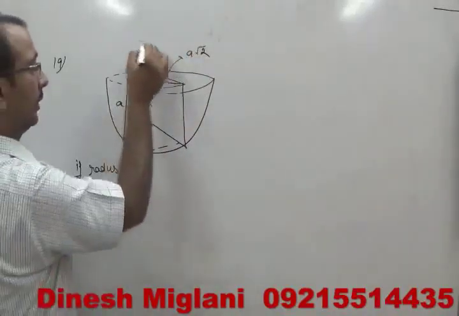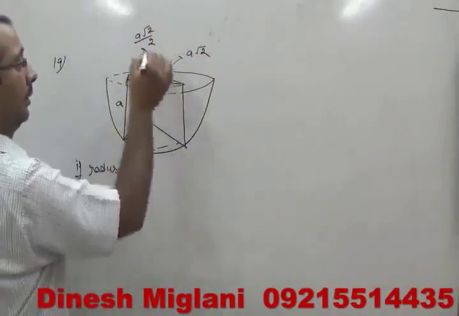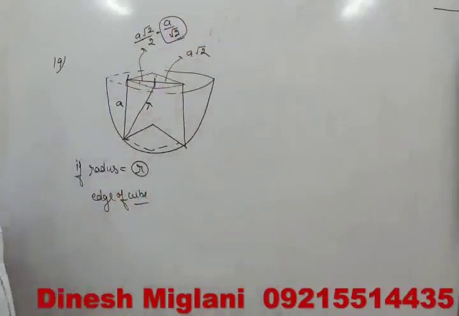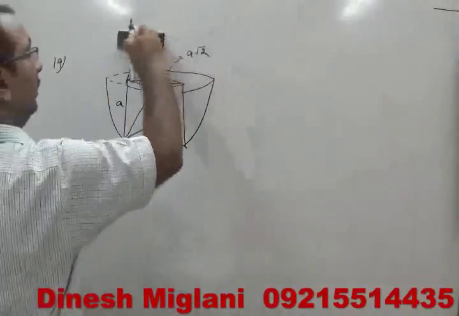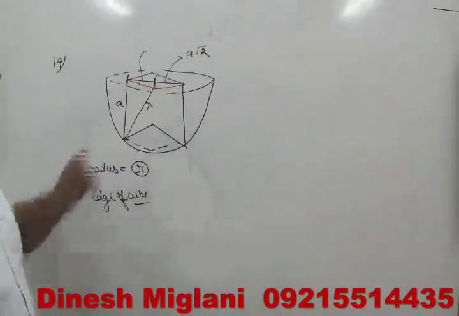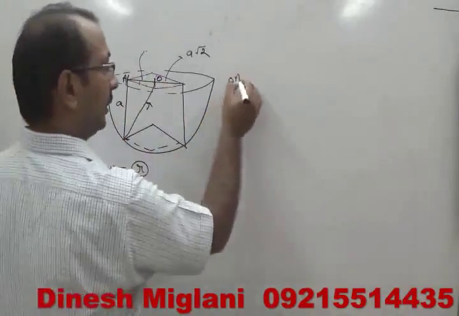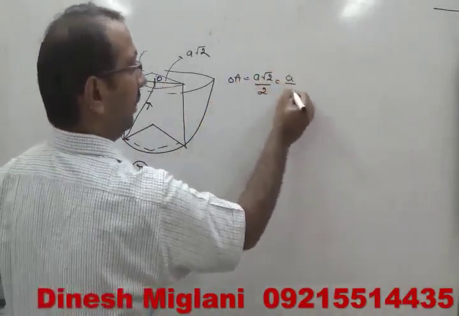So I can say this portion is a root 2 by 2, that is a by root 2, from here to here. Let us say this is OA. So I may say OA is equal to a root 2 by 2, or a by root 2.